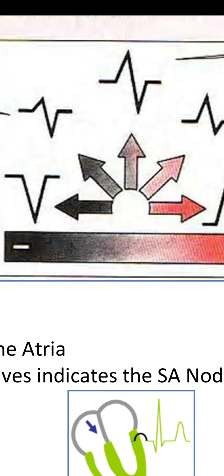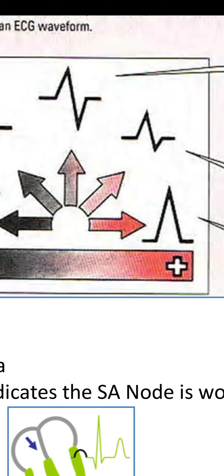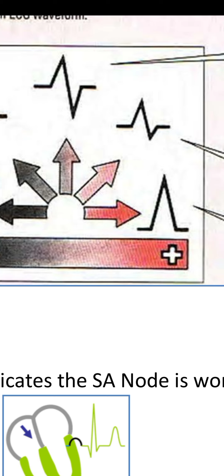Here there is a small ECG wave in one direction and in the opposite direction it is upward, so it is positive and negative.